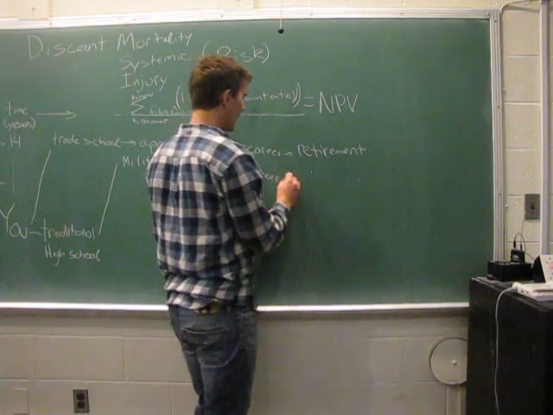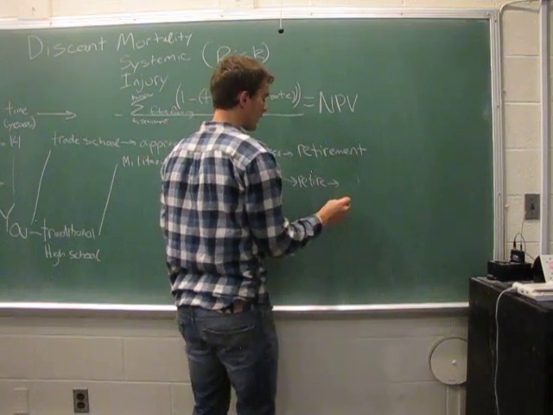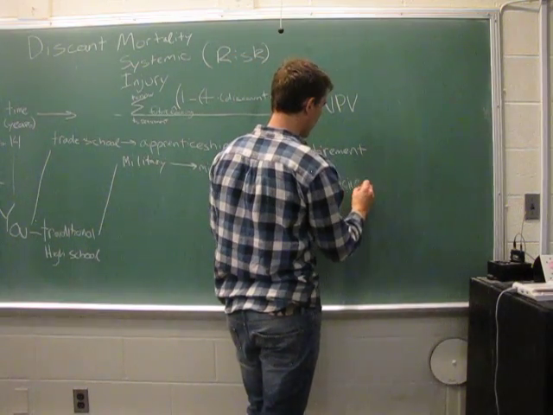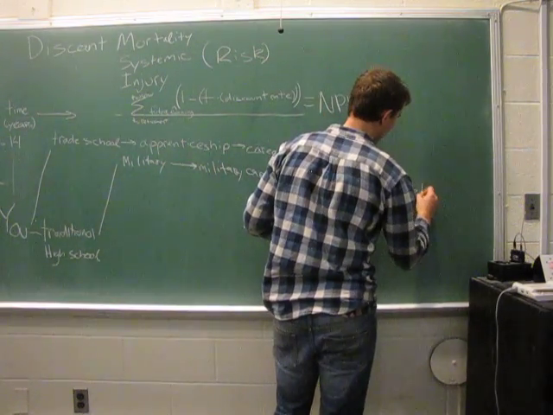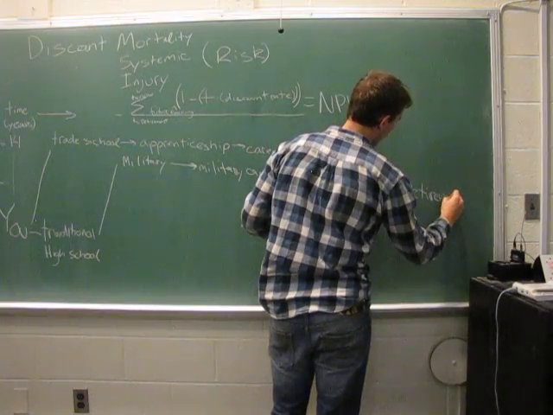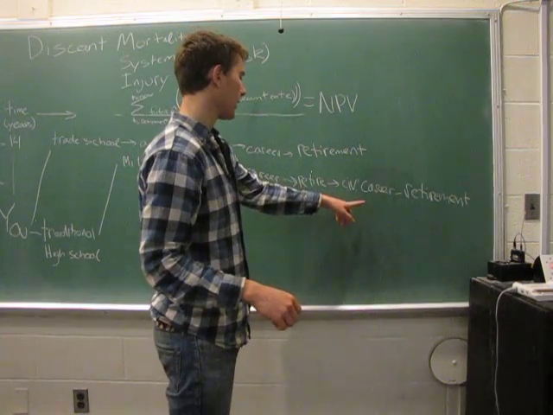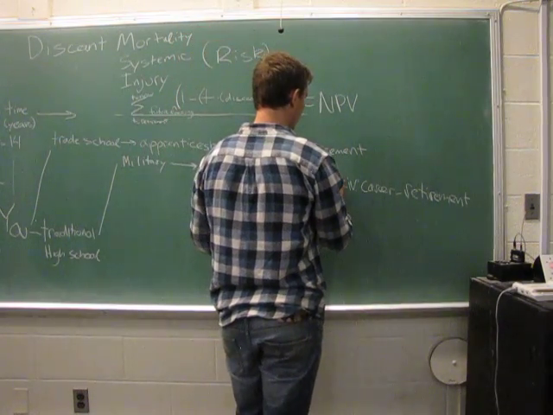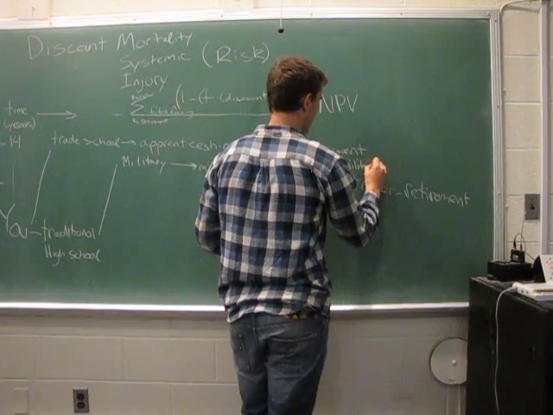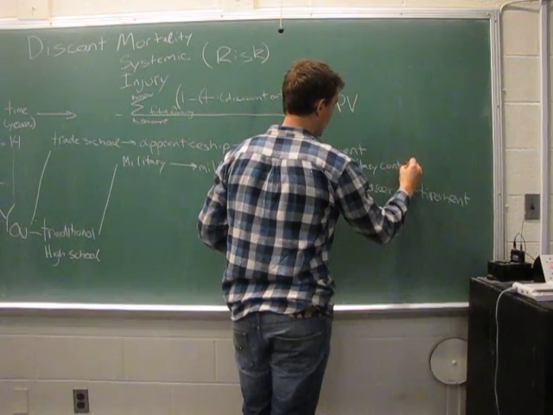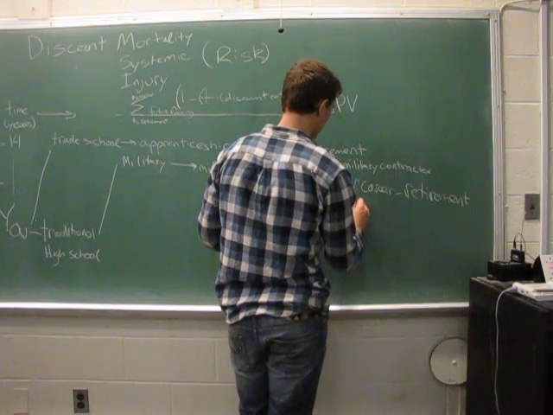You can then retire and then work in a civilian career, and then retire again. We'll call this one retirement. This civilian career can also include a military contractor. And it can potentially include an intelligence agency.